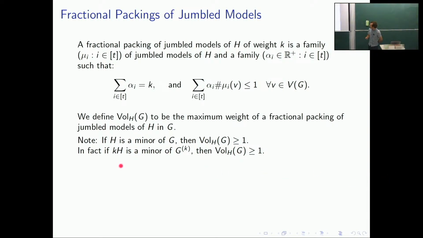So if K times H is a minor of the Kth blow-up of G, then we can think of each copy of K times H as a jumbled model inside the graph G itself, and the inequalities will work out.